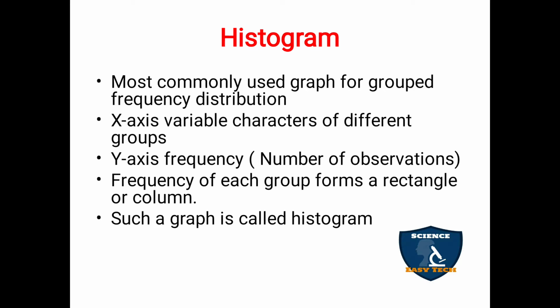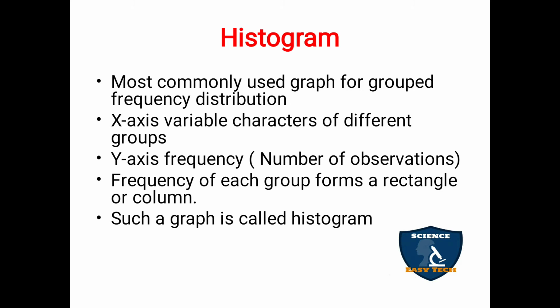On the x-axis, you have variable characters of different groups. On the y-axis, you have the number of observations. So the frequency of each group, when represented in a graph, forms a rectangle or a column. Such a graph is called a histogram.